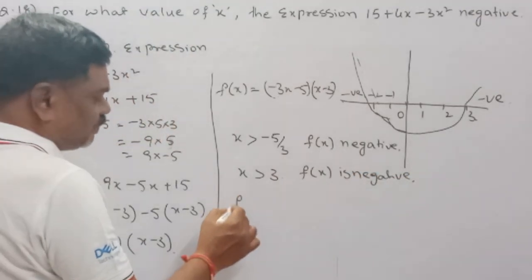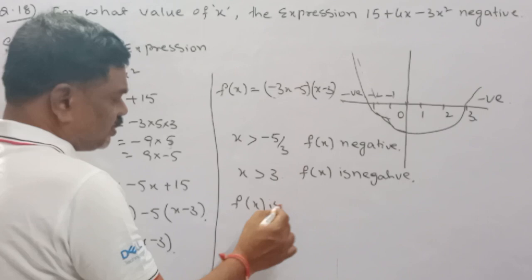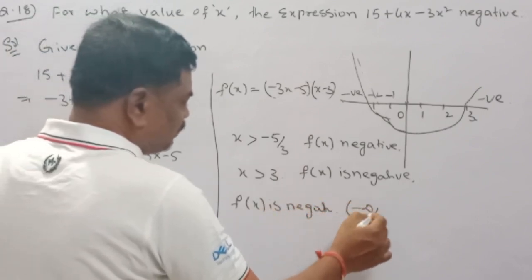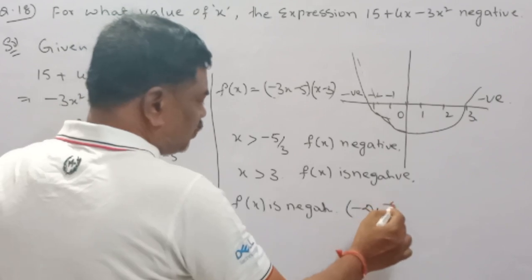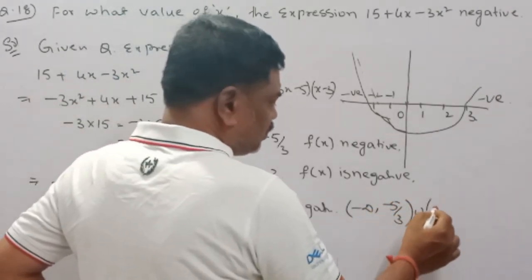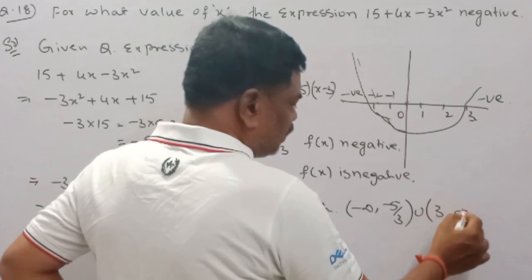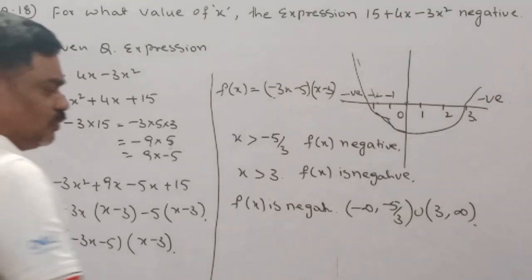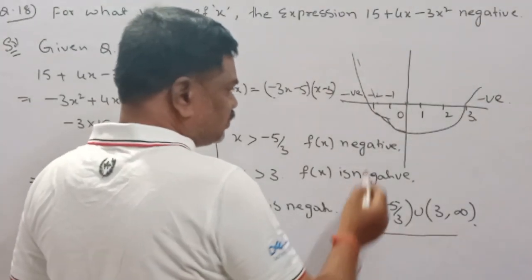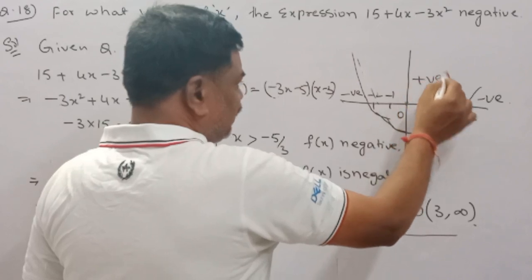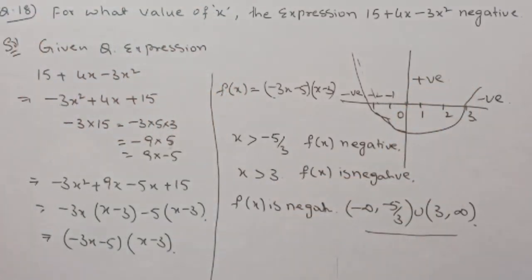Means f of x is negative in minus infinity to minus 5 by 3 union 3 to infinity. So in this case, this is negative. In between these two, it is positive. Okay, all of you? That's all.